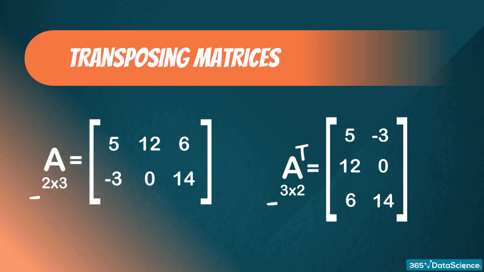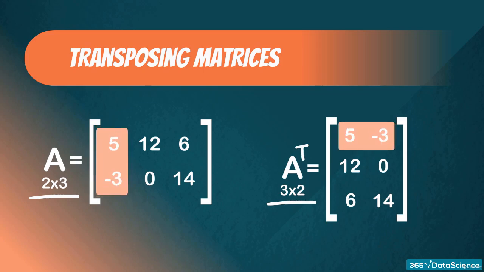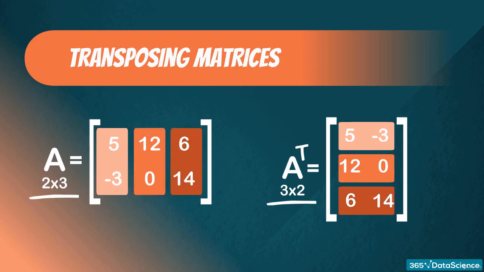A is a 2 by 3 matrix. A transposed is a 3 by 2 matrix. We can see that the first column of A became the first row of A transposed. The second column of A became the second row of A transposed. And the third column became the third row. This is how we transpose a matrix.